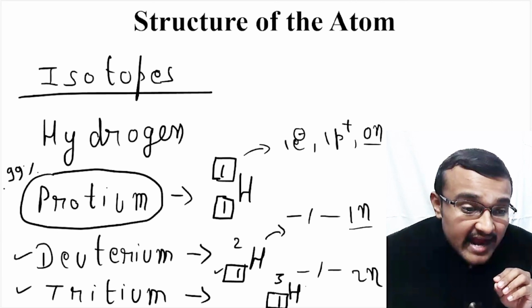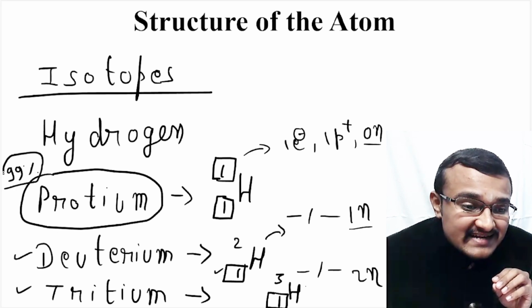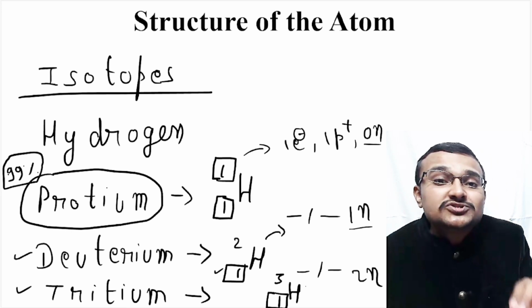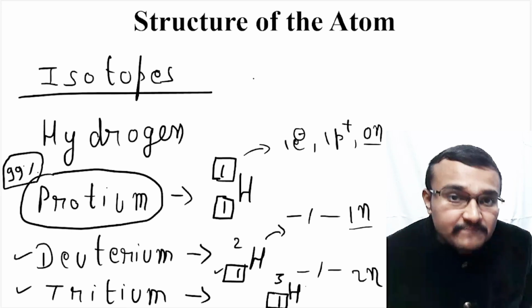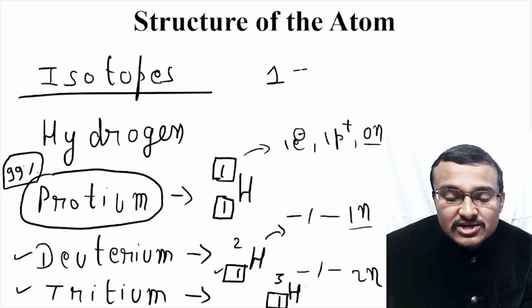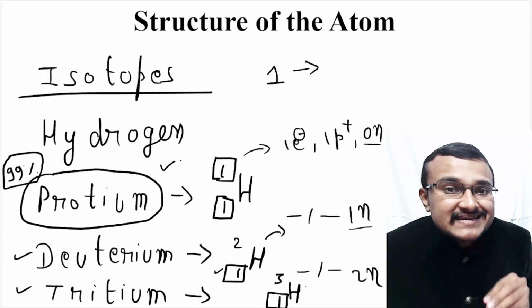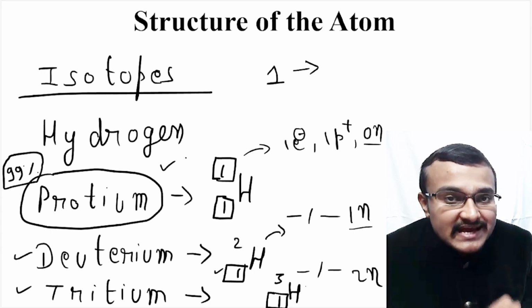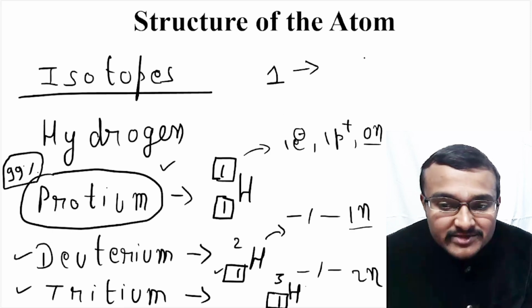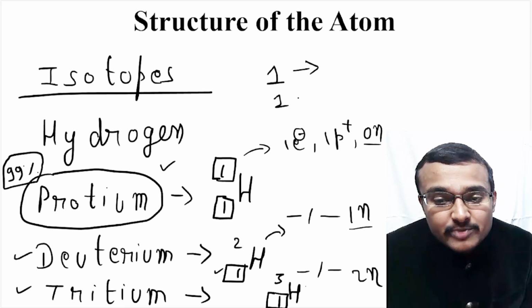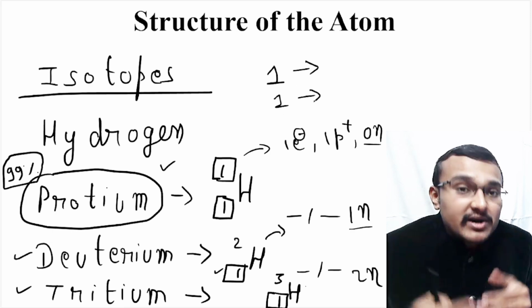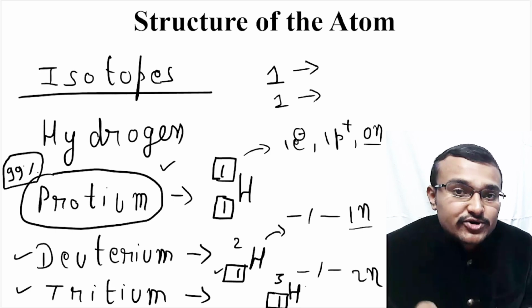So we conclude that this isotope of hydrogen, protium, is the actual hydrogen element because it has atomic mass number 1 and atomic number 1, and it is abundant in nature compared to deuterium and tritium.